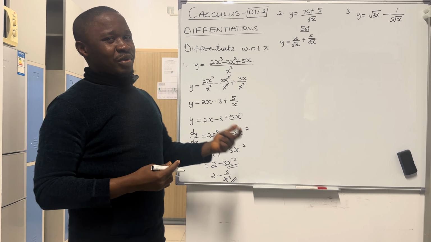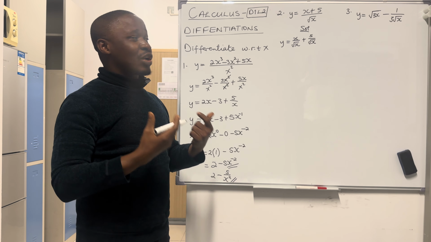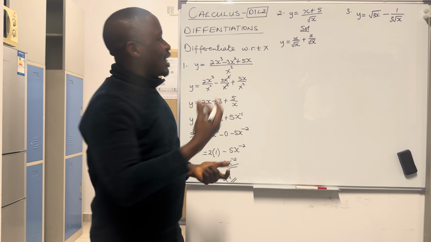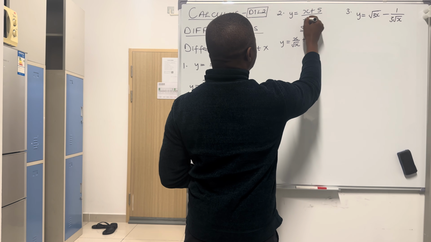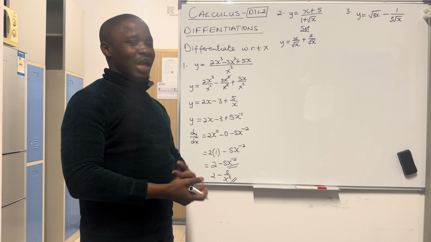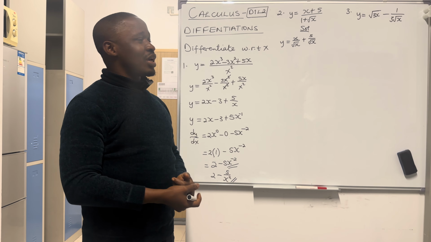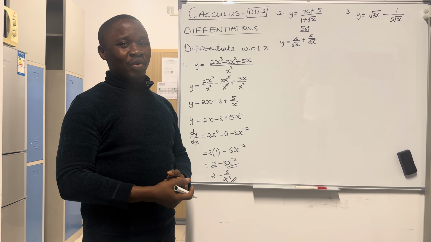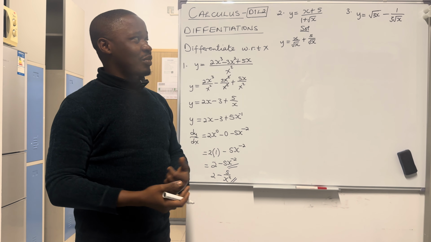We don't want the denominator to contain x, and we can do it because the denominator is just a single term. If it is like this, then we cannot do anything. Yes, there is something else we can do, I think that's what we call the quotient rule, but in subsequent videos we can learn the quotient rule.